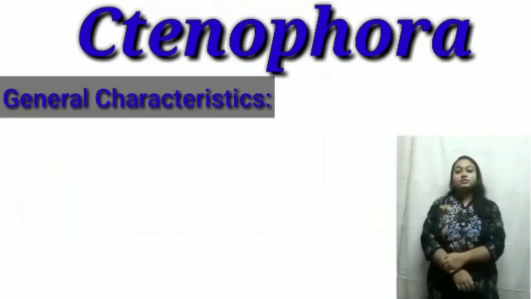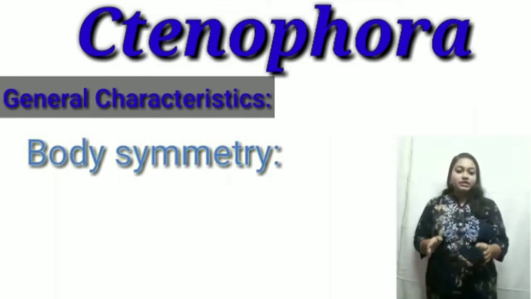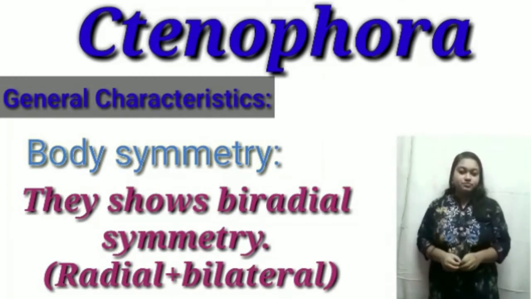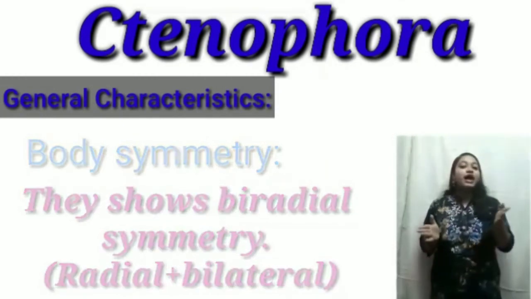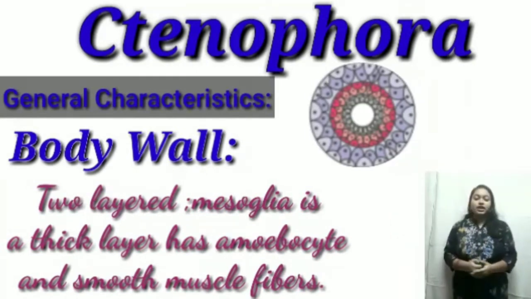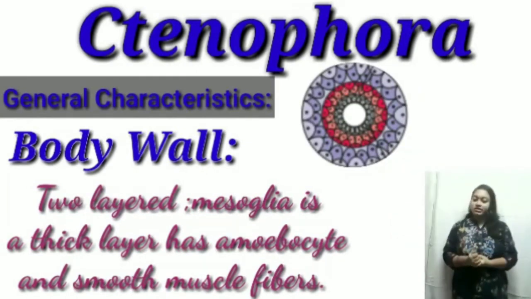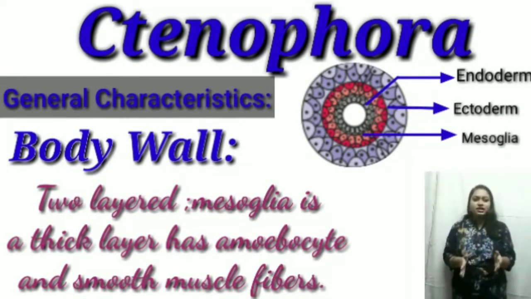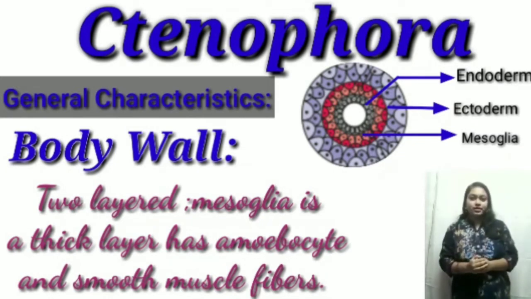The next point is body symmetry. They show a special type of body symmetry which is biradial, that is radial and bilateral both. And the body wall has two body layers, ectoderm and endoderm, but in between them a thick jelly-like mesoglea is present.